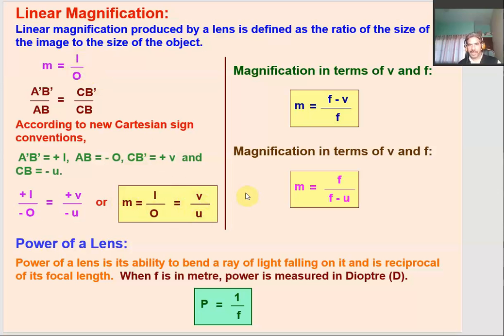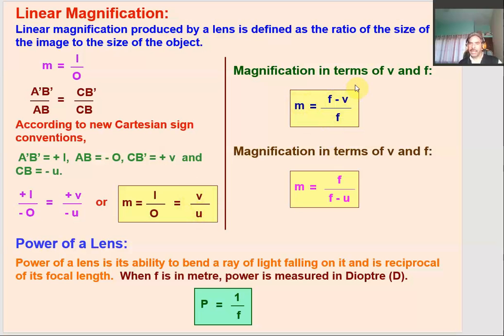We can also transform this magnification into two more forms by making use of the lens equation. From the lens equation, we substitute the value of u, and we get the magnification in terms of focal length and the image distance.